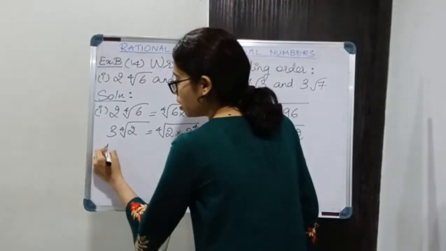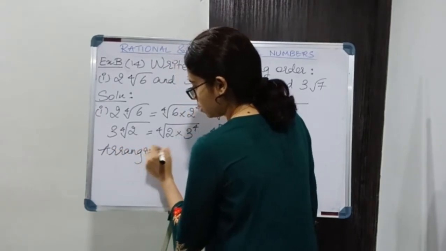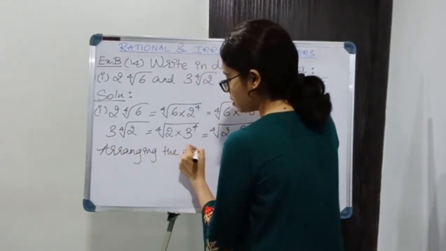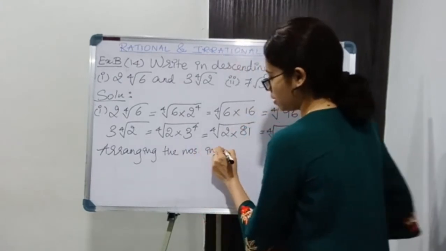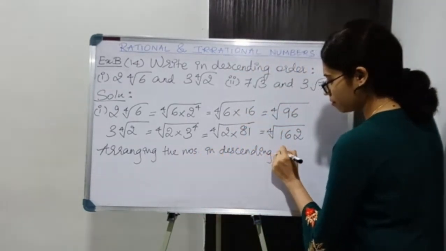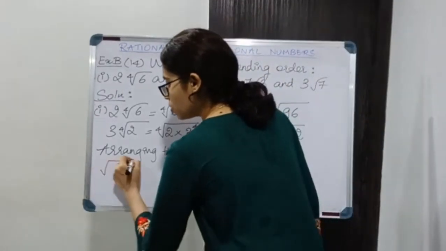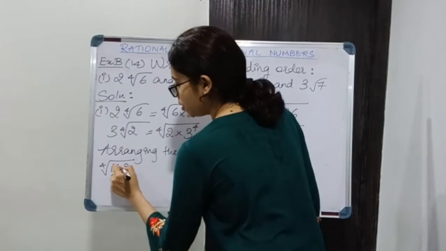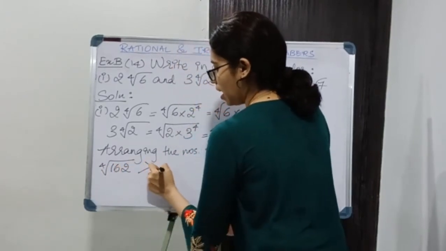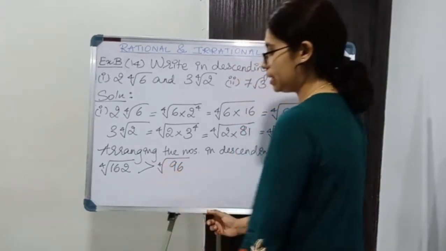So arranging the numbers in descending order, I'll write the bigger number first. So 4th root of 162 and then 4th root of 96.